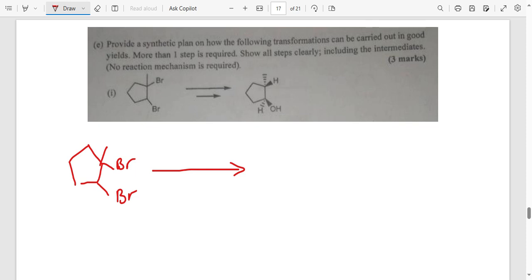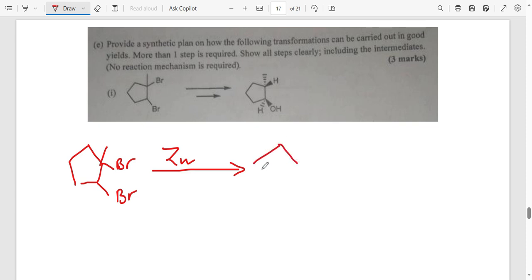Okay, in the first reaction, you are going to use zinc. What zinc does is that it removes these two bromines that we're able to see here, removes them both, and then attaches a proton at one end.